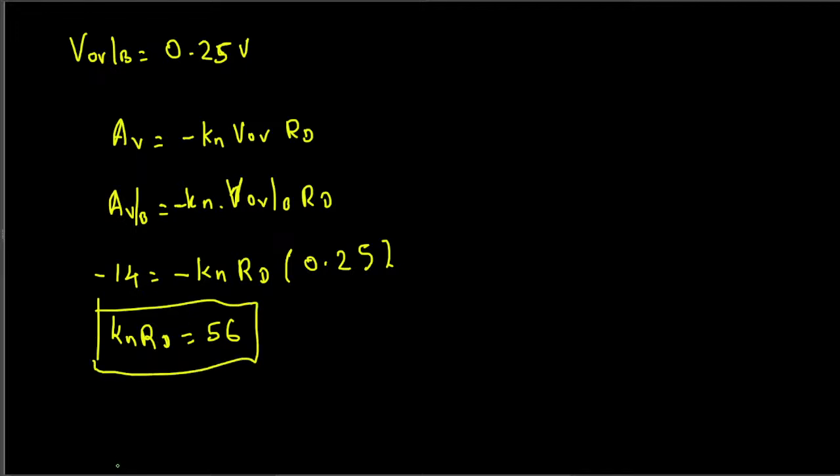Now to find the overdrive voltage at Q, you use the same exact equation, but this time you use the gain of minus 12.